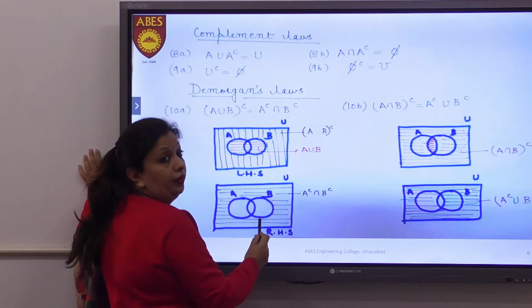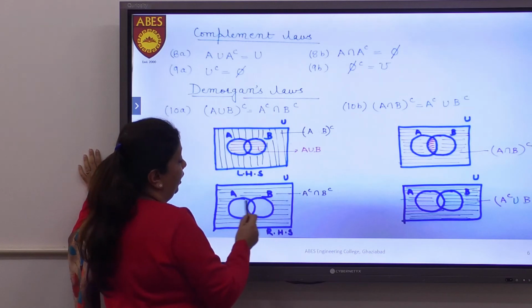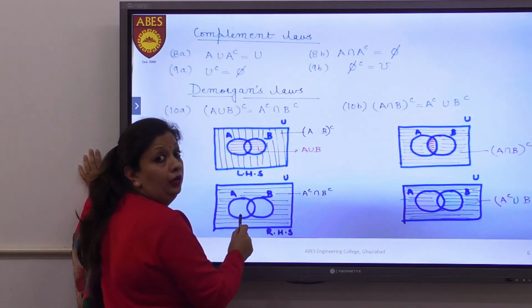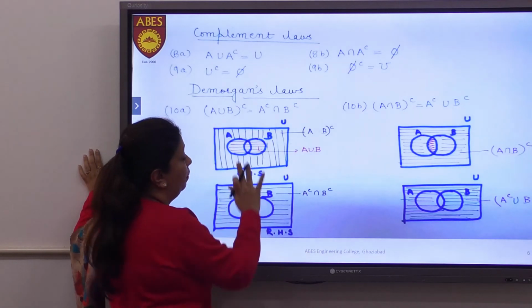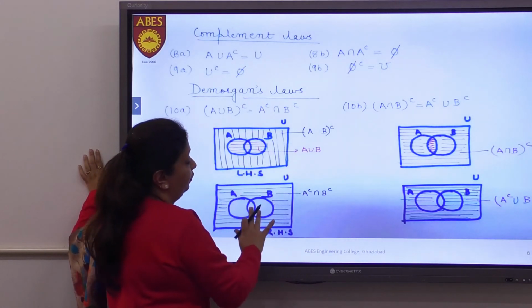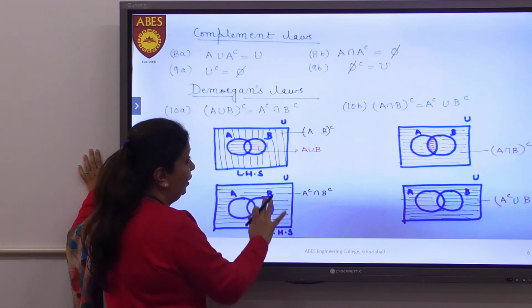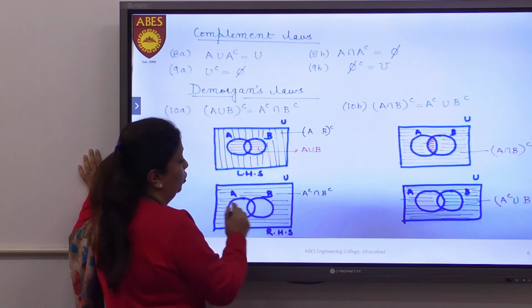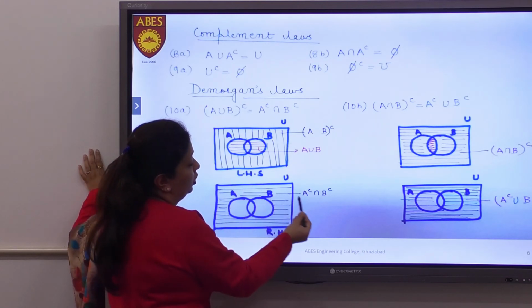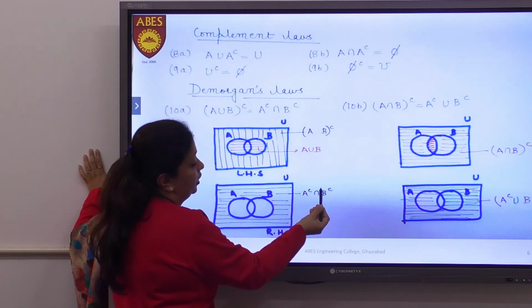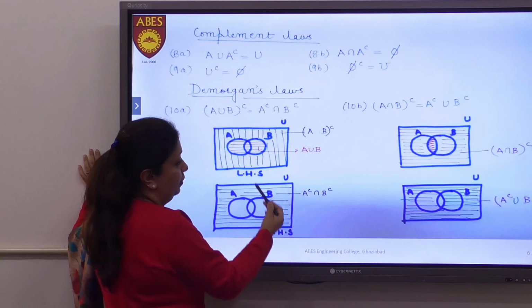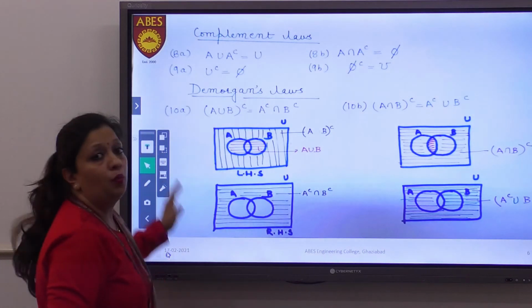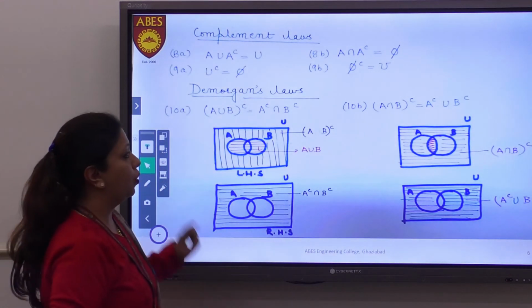When I talk about the right hand side, that is A's complement, it is everything if I leave the set A, and B's complement gives me everything if I leave the set B. So what will be the intersection of these two? The outside area. So this shows A's complement intersection B's complement. This area and this area depict the same thing. So we can say that De Morgan's law holds for the union operation.